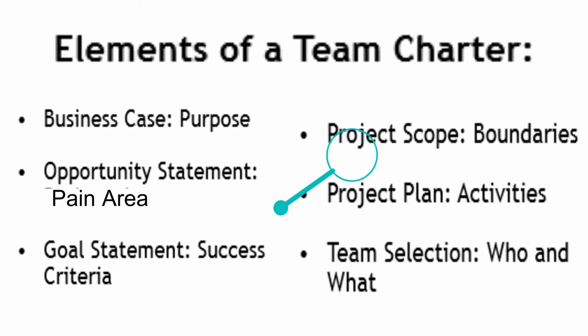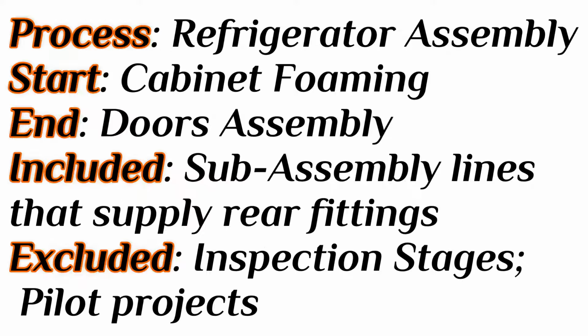Next in line is the project scope, which tells you the boundaries of the project. That means here you have to describe what processes are included in the project and what are excluded. So that's a typical example of a project scope. So you have to clearly mention the process on which you're applying your Six Sigma project.